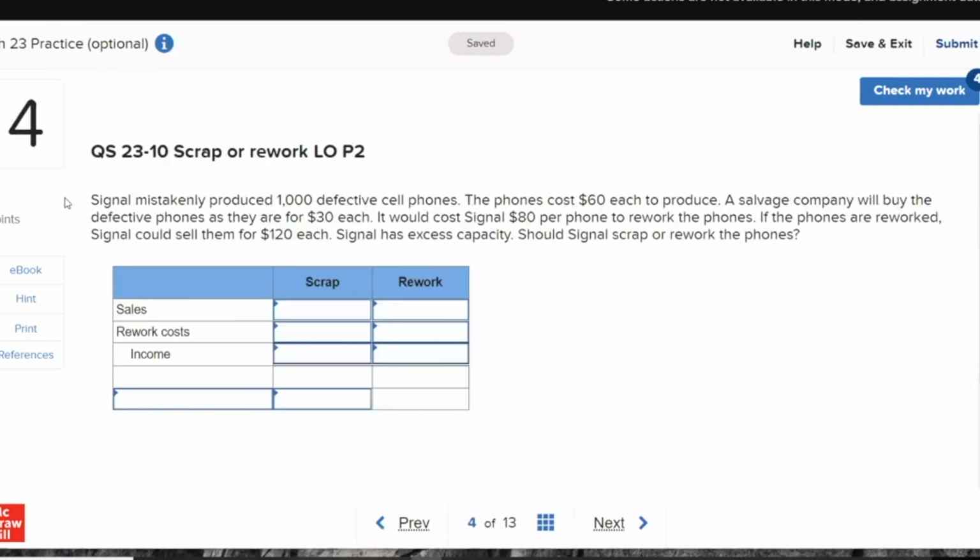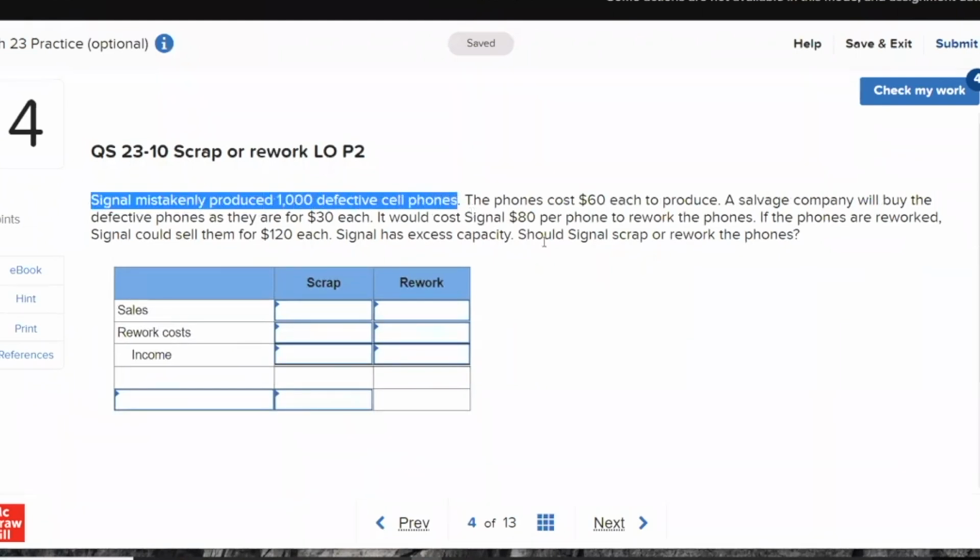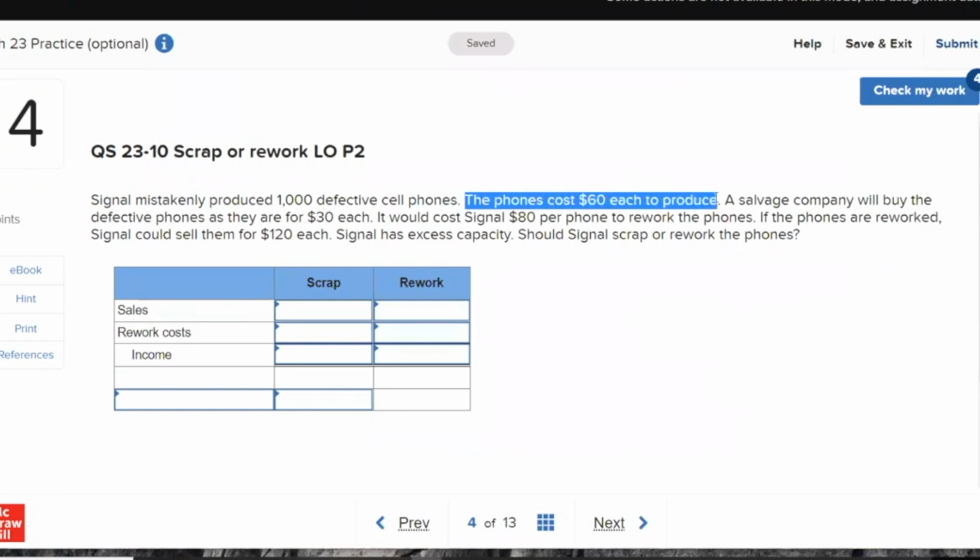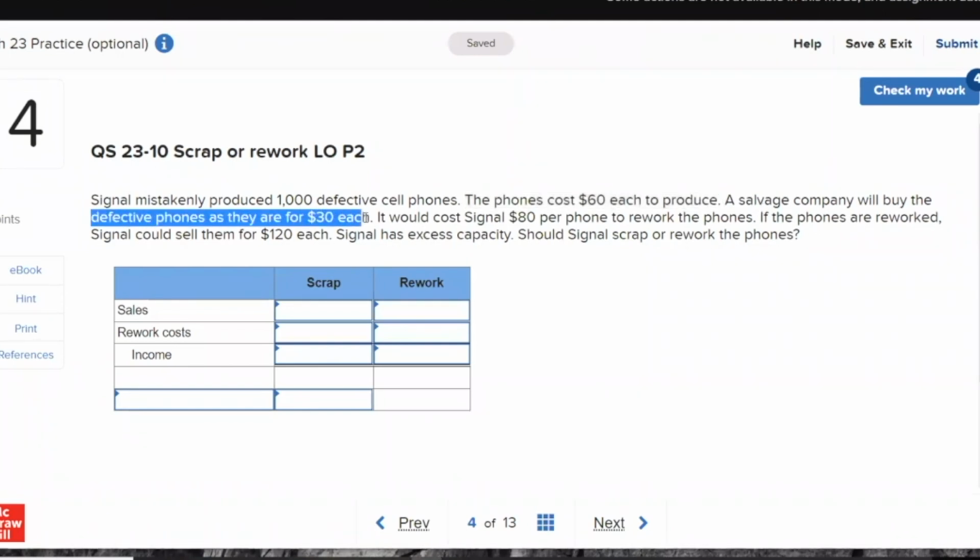Scrap or rework. This company Signal mistakenly produced 1,000 defective cell phones. The phones cost $60 to produce. Now remember, that's a sunk cost. It has already happened. So we will leave it out of our analysis. A salvage company will buy the defective cell phones as they are for $30 each.